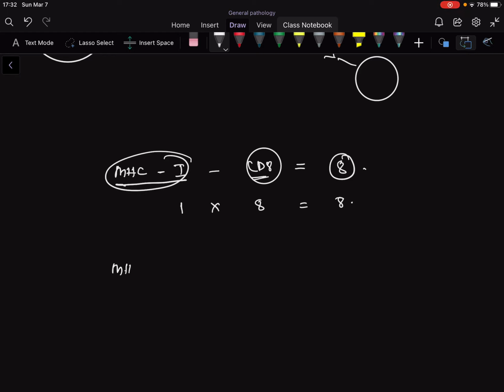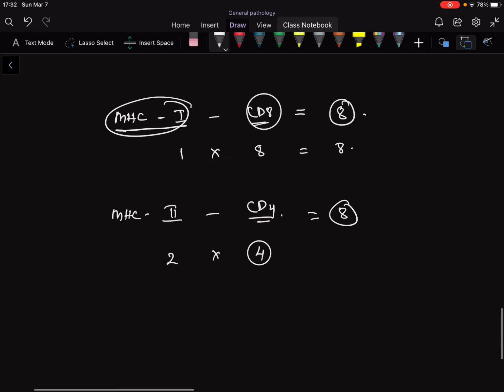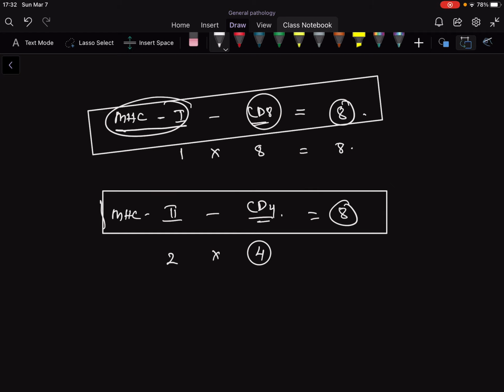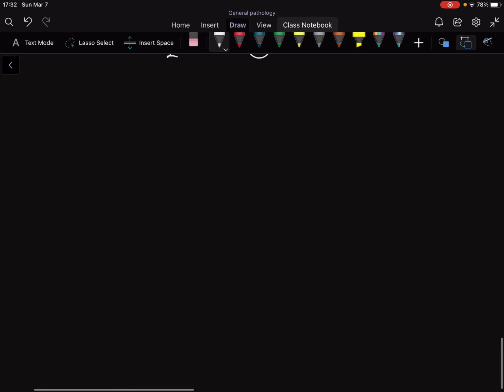Next is MHC class 2, CD4. So 2 into 4 is equal to 8. So this is the mnemonic about MHC class 1 and MHC class 2. Once you understand the concept of MHC restriction, we will move to another topic.